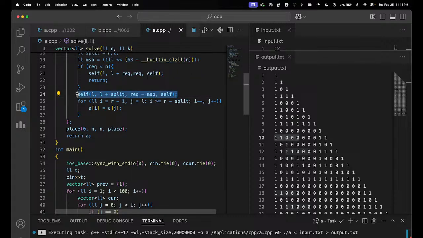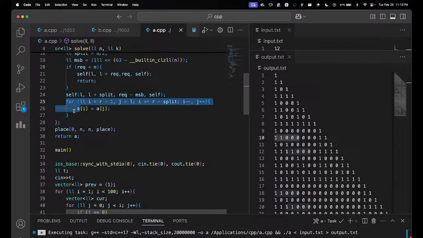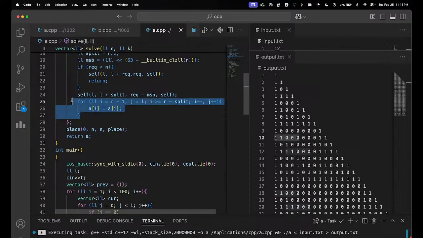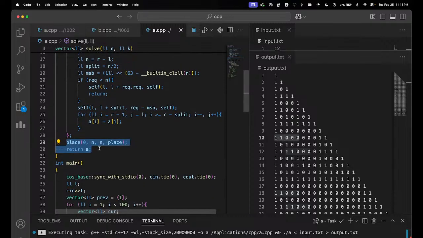Once I've computed the left part, I just mirror the right part. The R minus 1 to L, I just mirror this, that's it. So that is the main logic behind it. And then you place it.